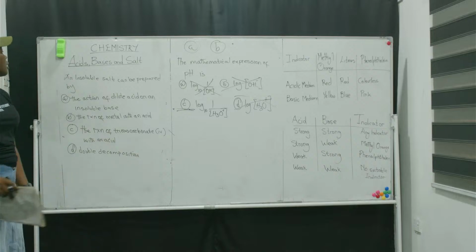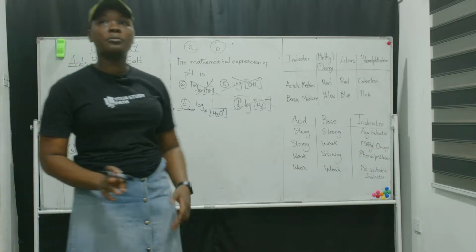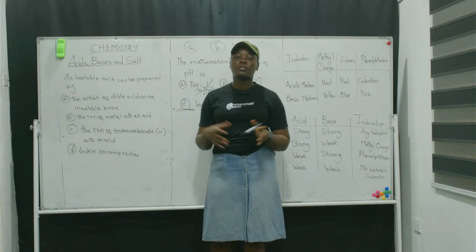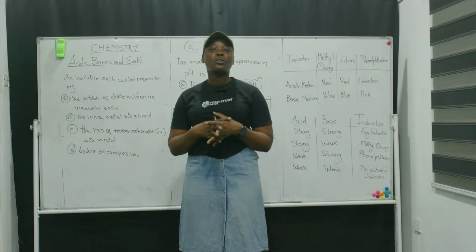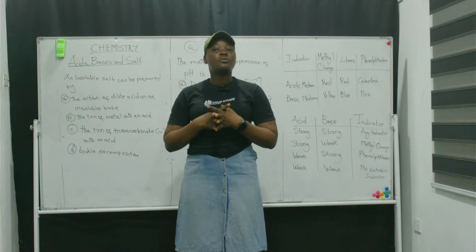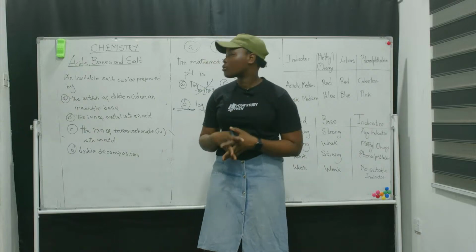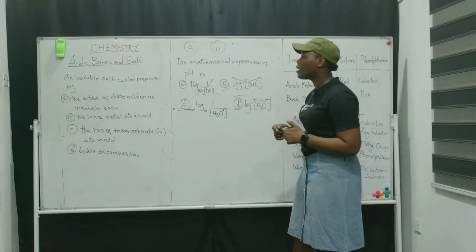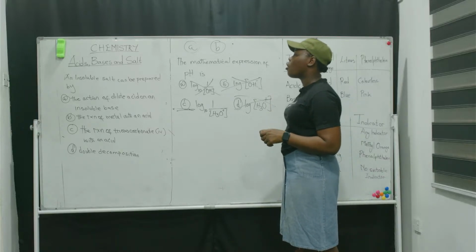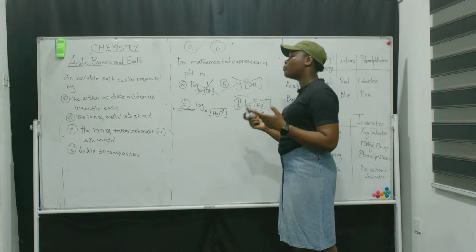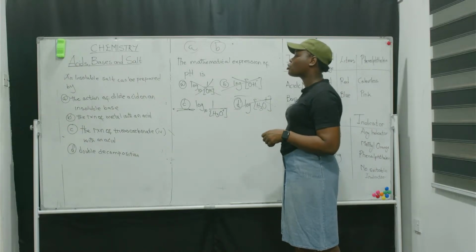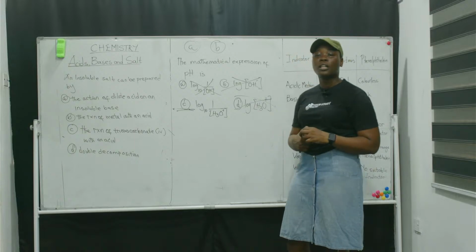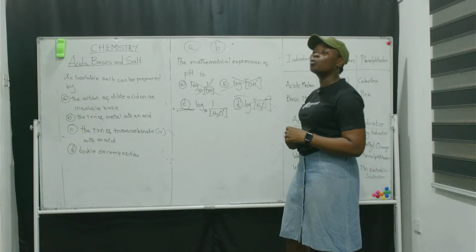In this class, I made mention of soluble salts and insoluble salts, right? You classify salts based on their solubility, the ones that are soluble and the ones that are not. The way we prepare soluble salts is different from the way we prepare insoluble salts. An insoluble salt can be prepared by A, the action of dilute acid on an insoluble base; B, the reaction of metal with an acid; C, the reaction of trioxocarbonate IV with an acid; D, double decomposition.